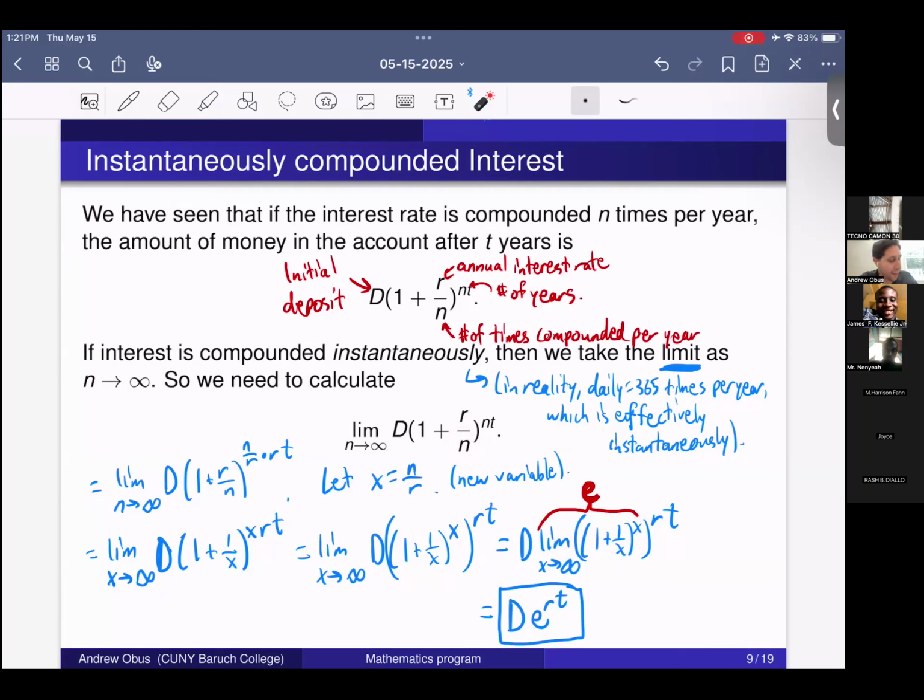But the point is that this is much easier to calculate than calculating with 365 and this formula. So when you take n to go to infinity, practically it makes almost no difference. It's going to be the exact same amount of money. But in terms of computation, this is a much simpler formula to use.